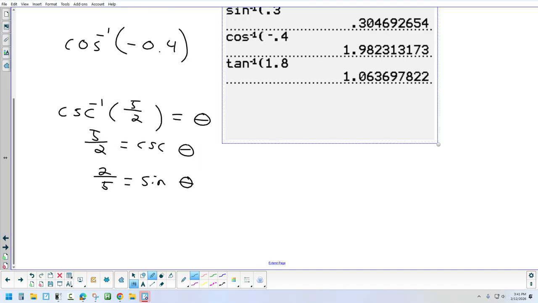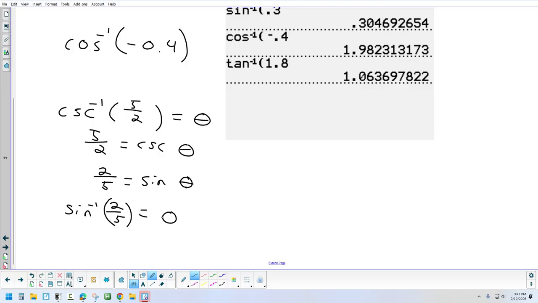Now get theta back by itself again. What would you do on both sides? Take the inverse sine. So if you're looking at it and you're like, well, wait, we just ended up with theta all by itself again like we had originally. Yes, but there's a big difference. That is something we know how to type in.